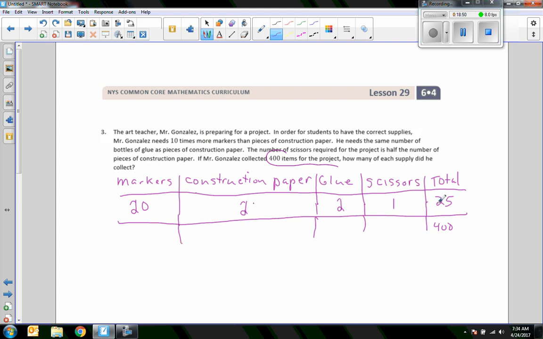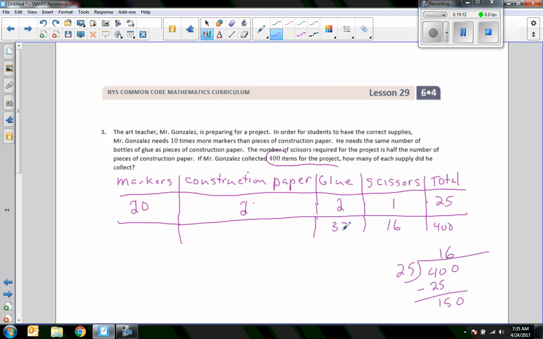So now I have 400 divided by 25. 25 goes into 100 4 times, so this will be 16. So it's 16 scissors.